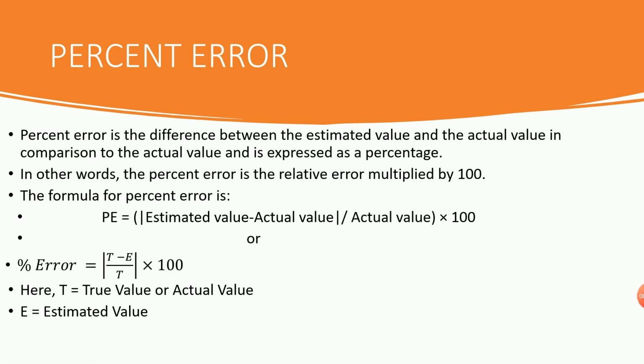In the movie example, after the release of a film, the box office collection might exceed or fall below the estimate. So here the estimated value is subtracted from the actual value and then divided by the actual value. Then it is multiplied by 100.